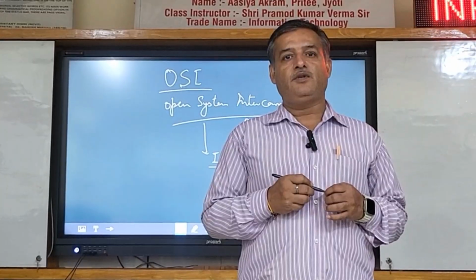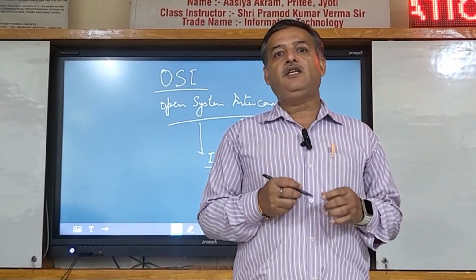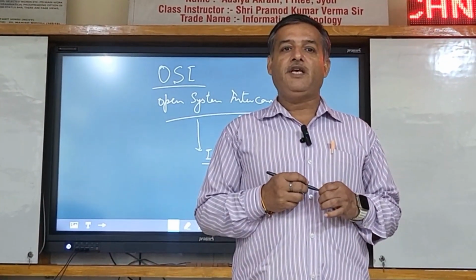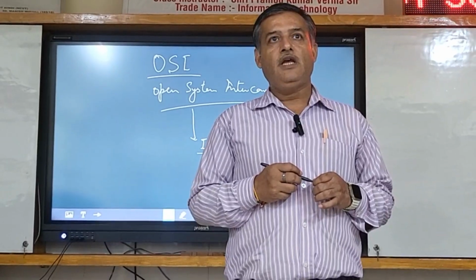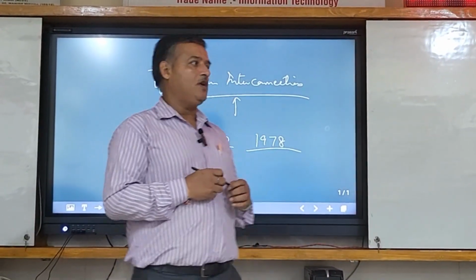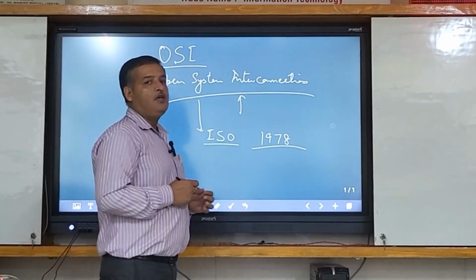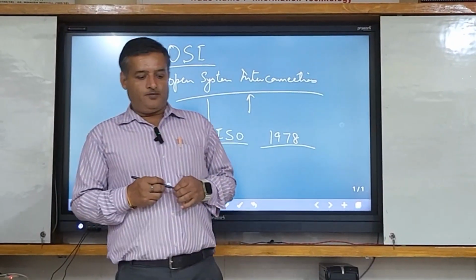That is important. That's why a certain uniformity is required, and the OSI model was adopted for doing so.